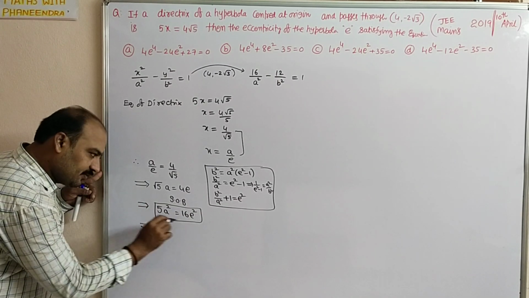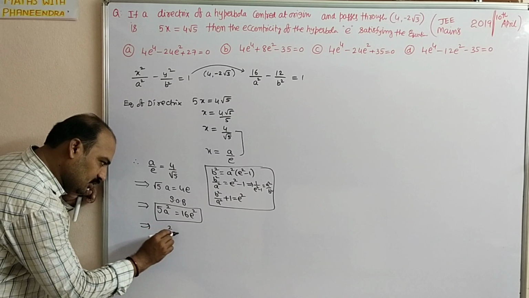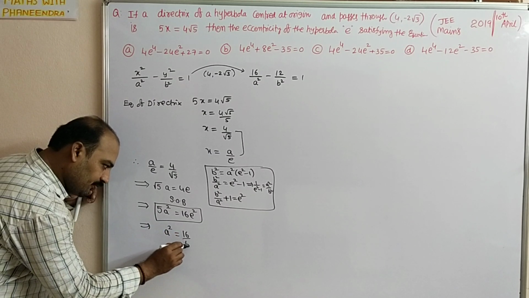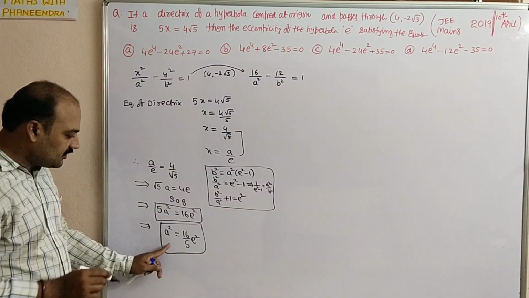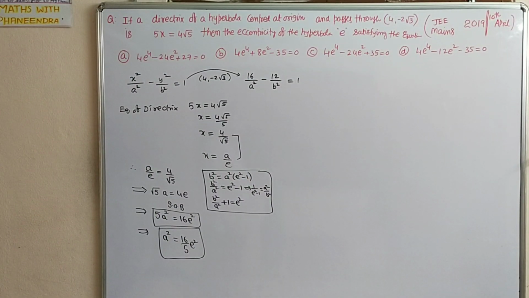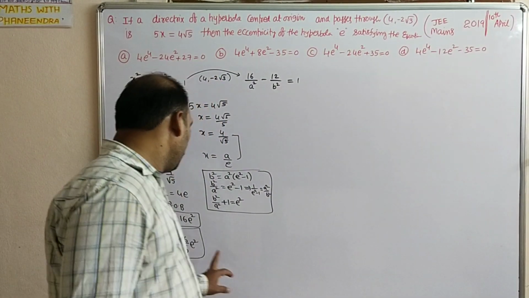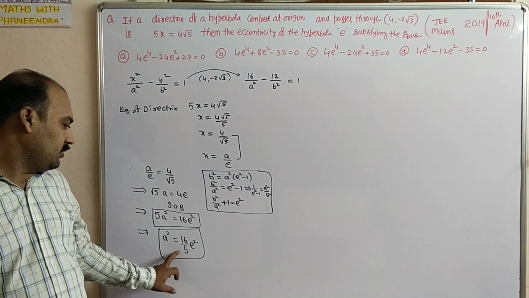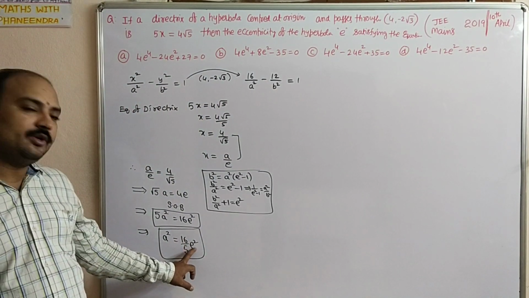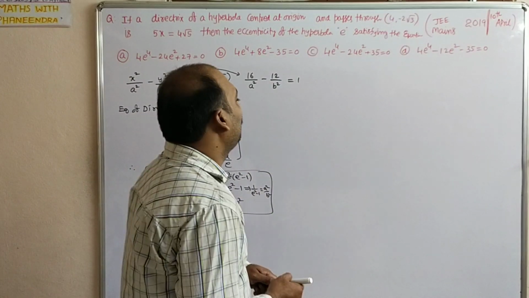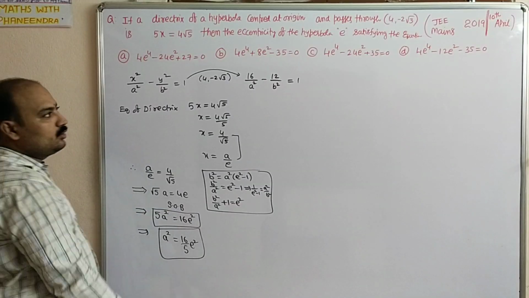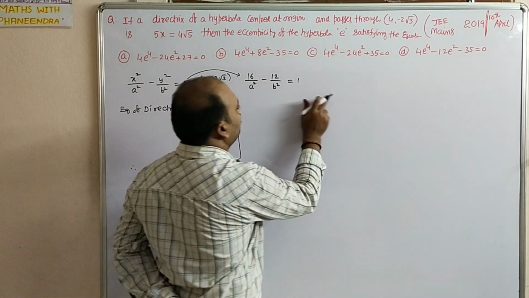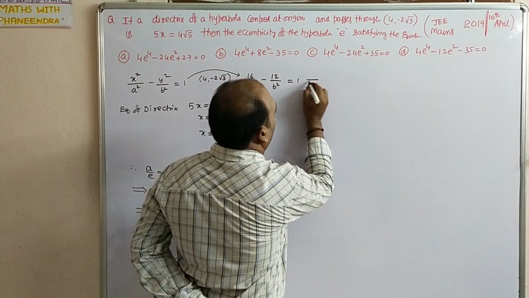That implies this 5 we can take to this side. a square is equal to 16 by 5 into e square. Then from here, this result is there, and we need to utilize these values. So each and every term we multiply by a square. Why?